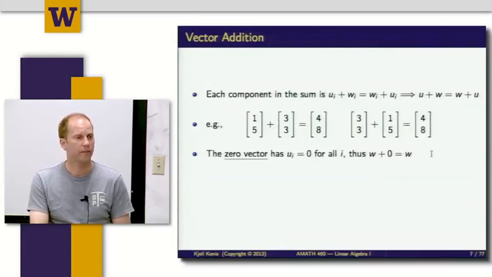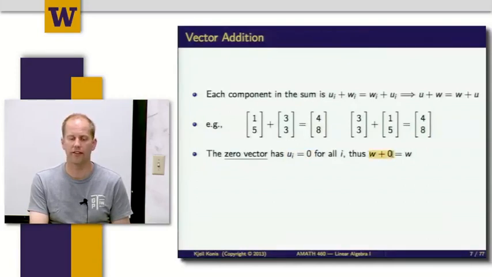There is one special vector called the 0 vector, and that has each component equal to 0. So every component in the vector has to be 0. And it's going to have the same property that 0 has for regular numbers.